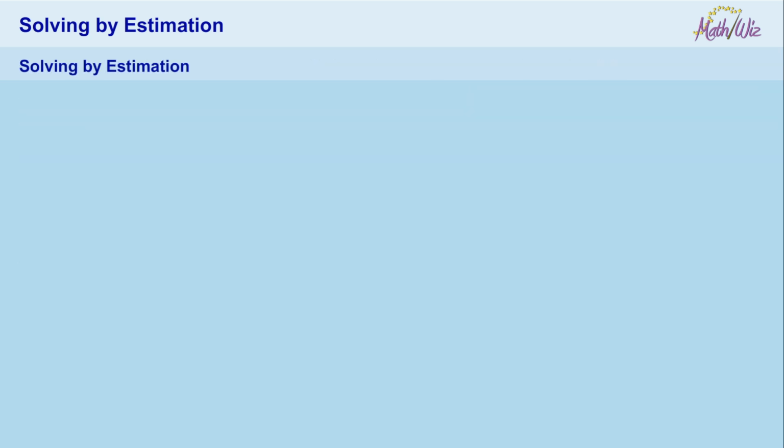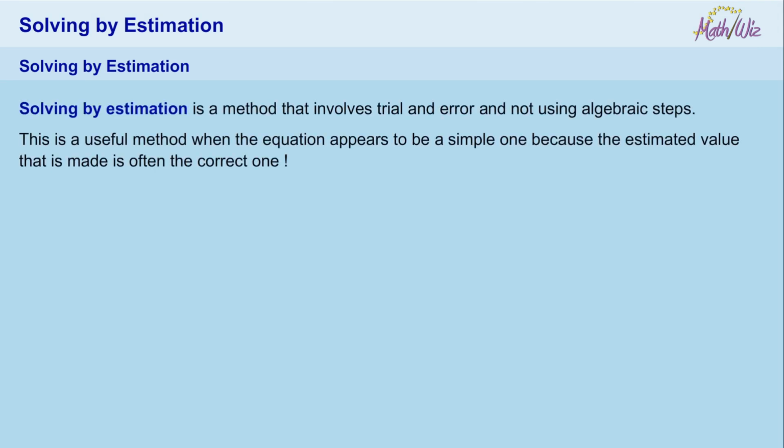Another method for solving an equation is solving by estimation. Solving by estimation is a method that involves trial and error and not using algebraic steps. This is a useful method when the equation appears to be a simple one, because the estimated value that is made is often the correct one. Let's try an example. Example 1. Solve x plus 3 equals 8.